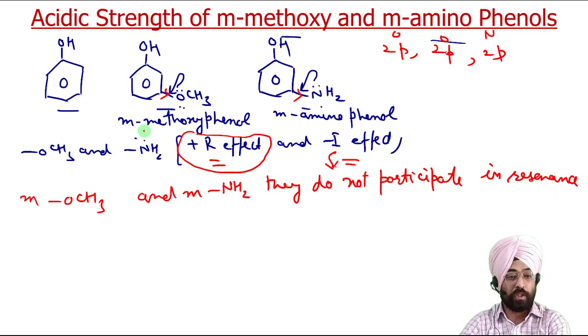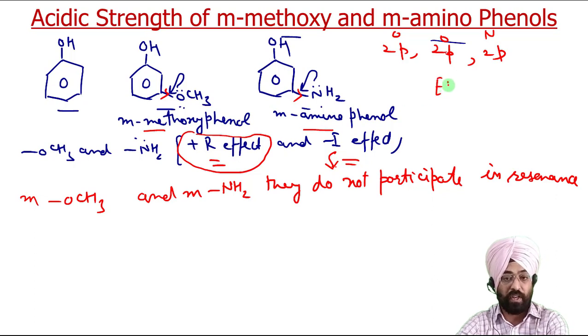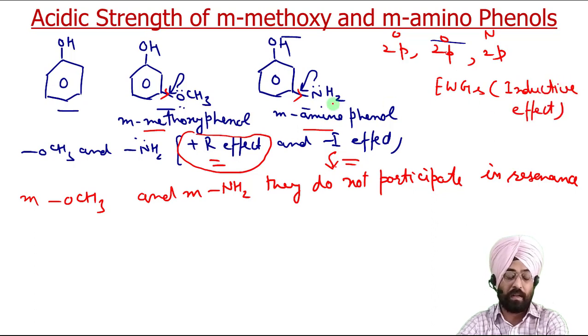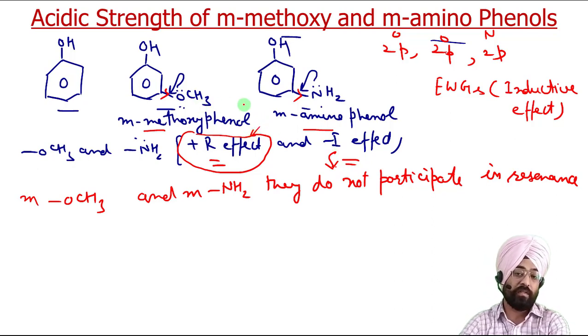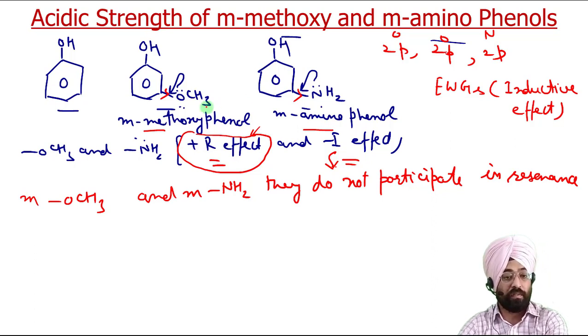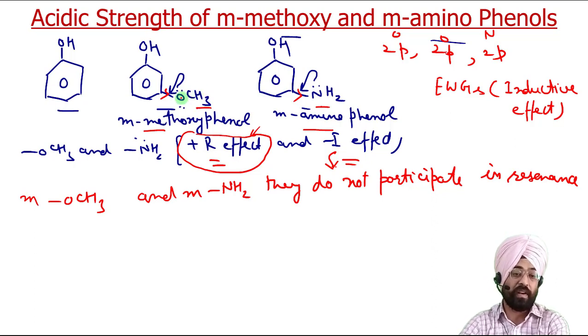So both methoxy and amino groups are electron withdrawing groups because of the inductive effect, because at the meta position the factor that dominates is inductive, as resonance does not occur at the meta position. Because of the electron withdrawing effect they are more acidic than phenol, and out of methoxy and amino, oxygen has higher electronegativity than nitrogen, so its inductive effect is more.